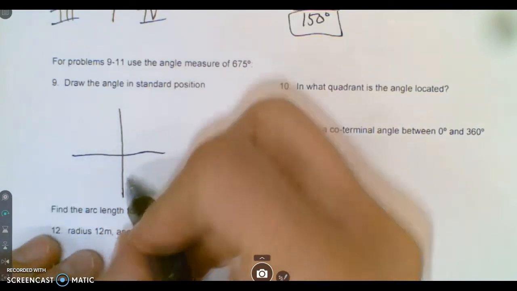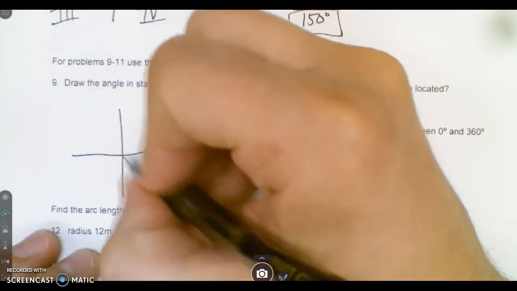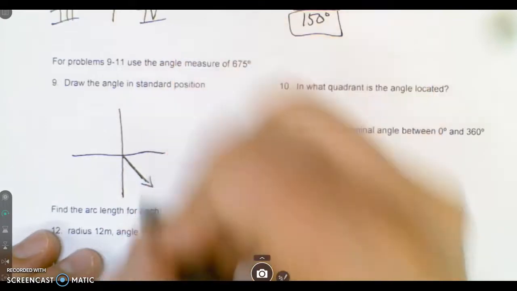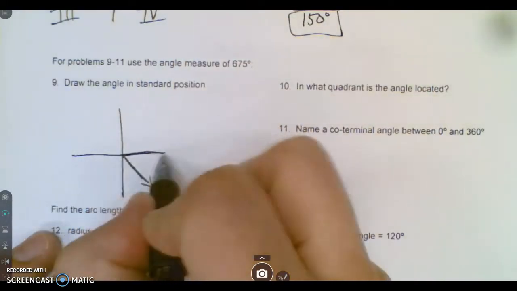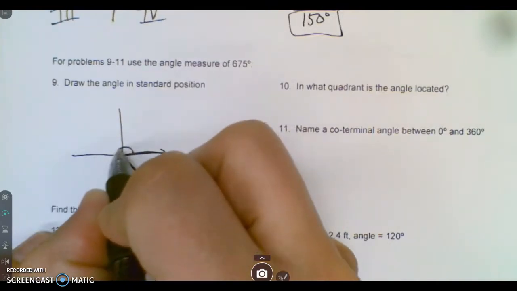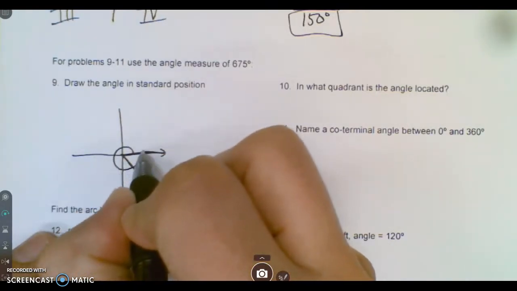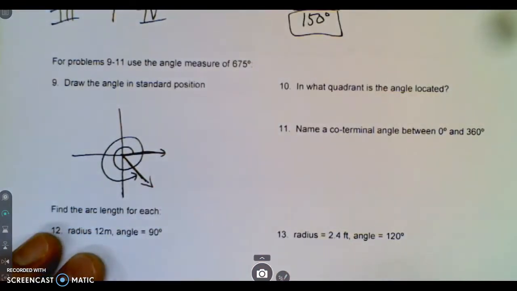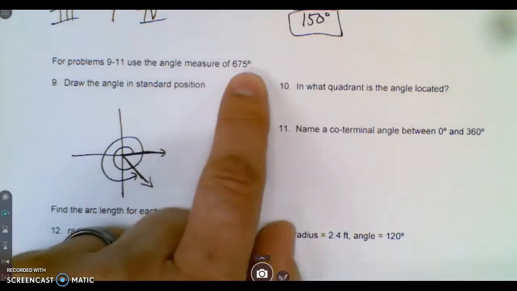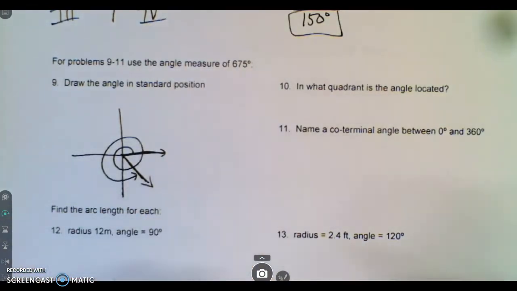And 315 is like a 45 down here, sort of. There's 315, but to show 675, I have to show that I went around the circle one whole time, 360, and then all the way around there again to make 675. That's what it would look like to show you're actually doing 675, not 315.